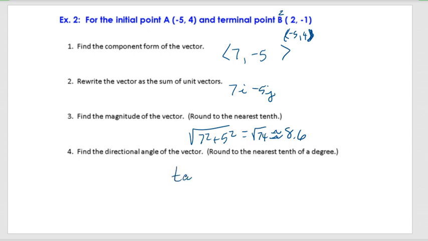And the directional angle, tan inverse of negative 5 over 7. And that's negative 35.5, which is located down here.